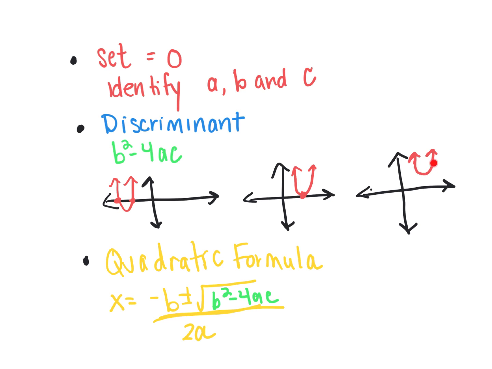If it is negative, then that means that we do not have any real solutions. We don't have a crossover or a touch on the x-axis. And that means I can stop at this point and just say no solution. Right? So now we're going to talk about problems that fall into one of these 2 categories and how we deal with those.